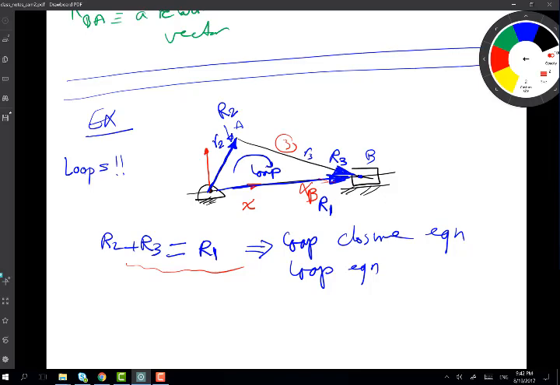Now, let's set these vectors and find the angles of the vectors. For the first vector here, as agreed, I get the angle from the positive x direction counterclockwise. This is my theta 2. How about theta 3?